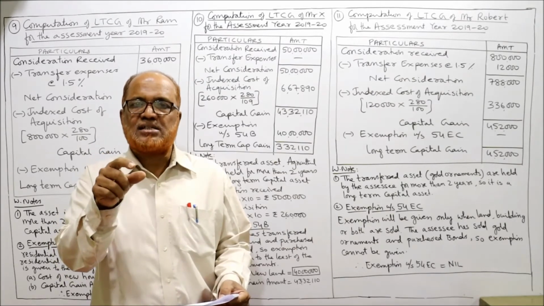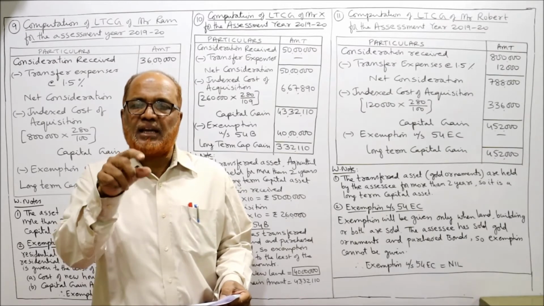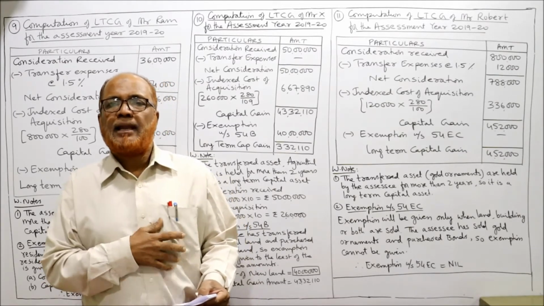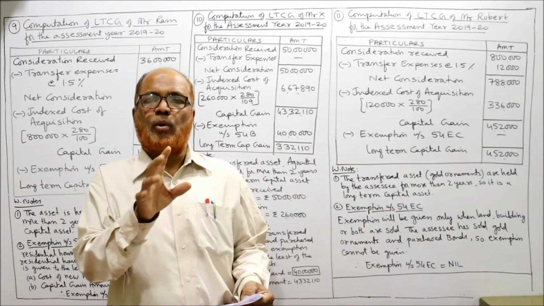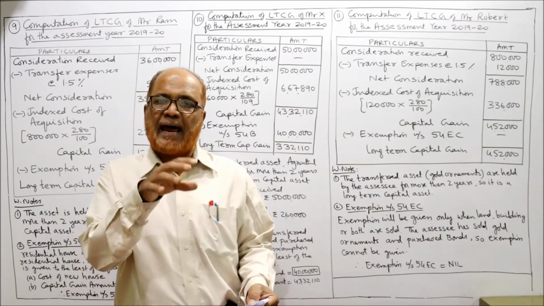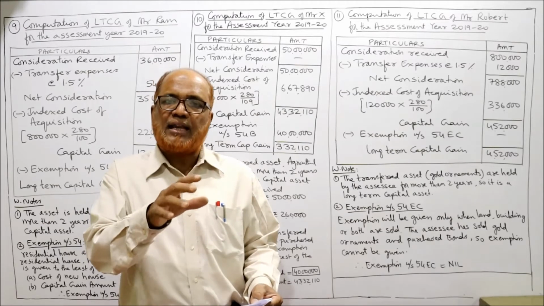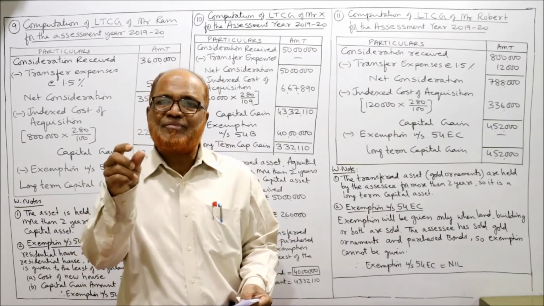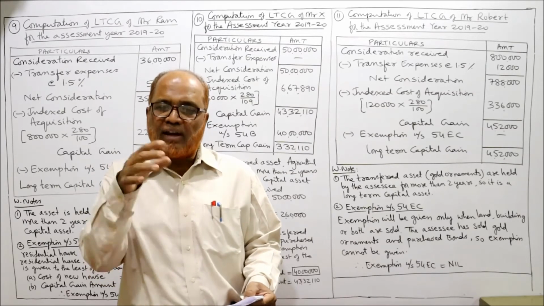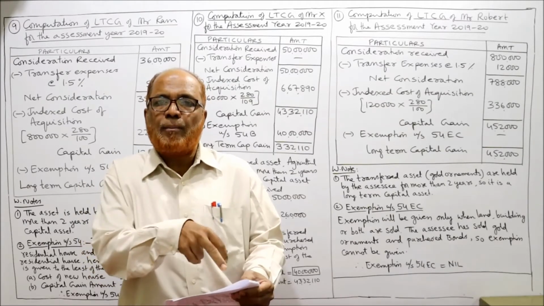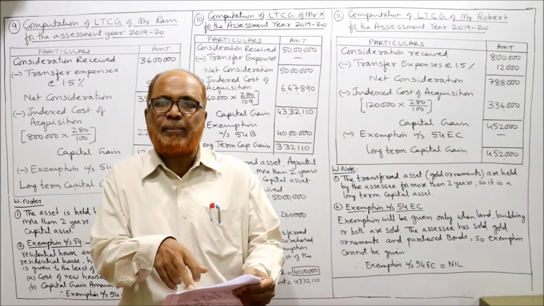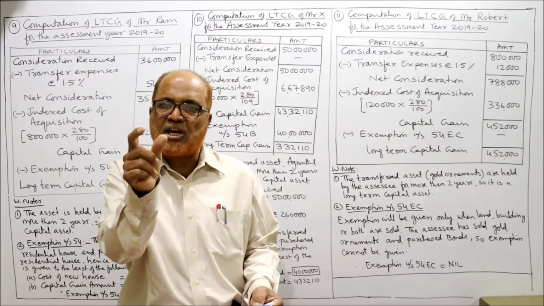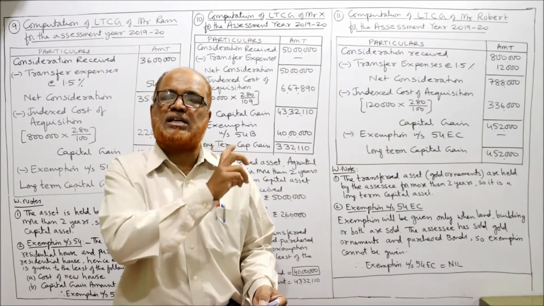This section says, if an individual has sold land or building or both and then invested in specified securities, one of the specified securities are bonds of Unit Tessel Chemicals and Hydropower Limited. This is one of the specified securities given under section 54 EC.